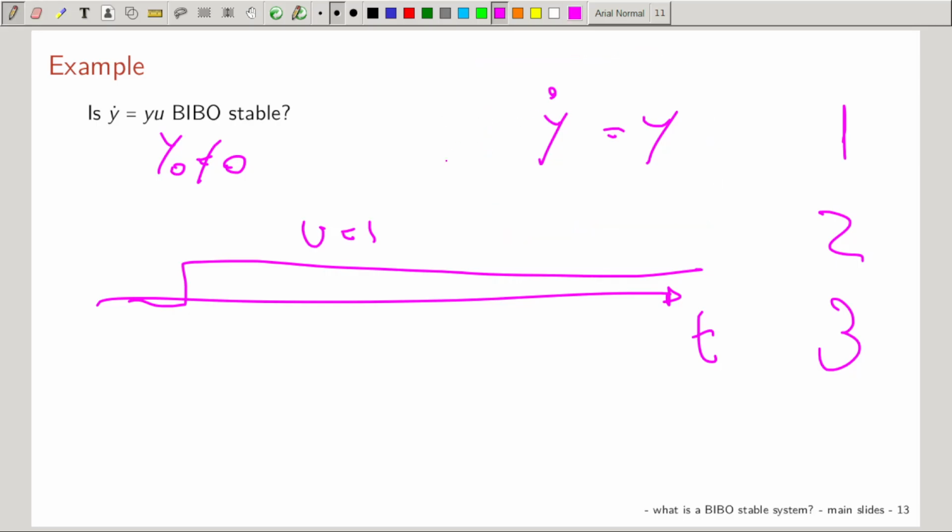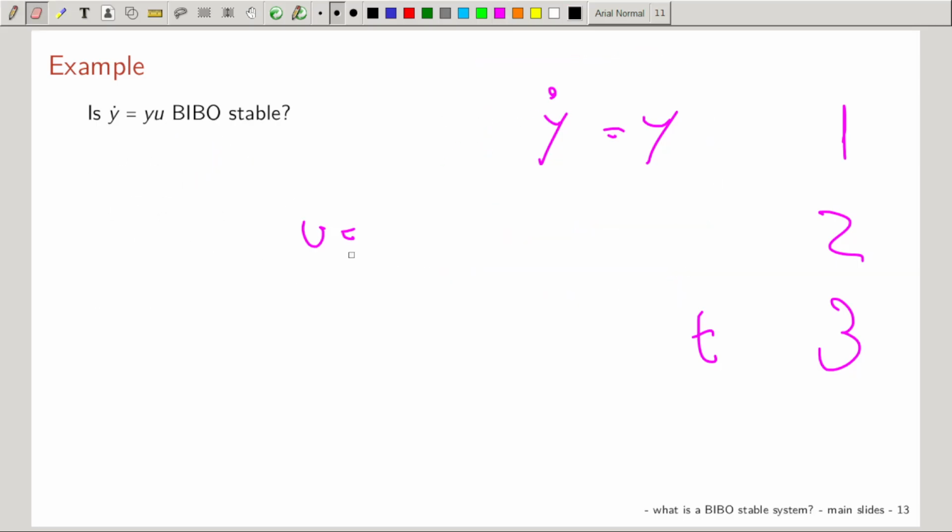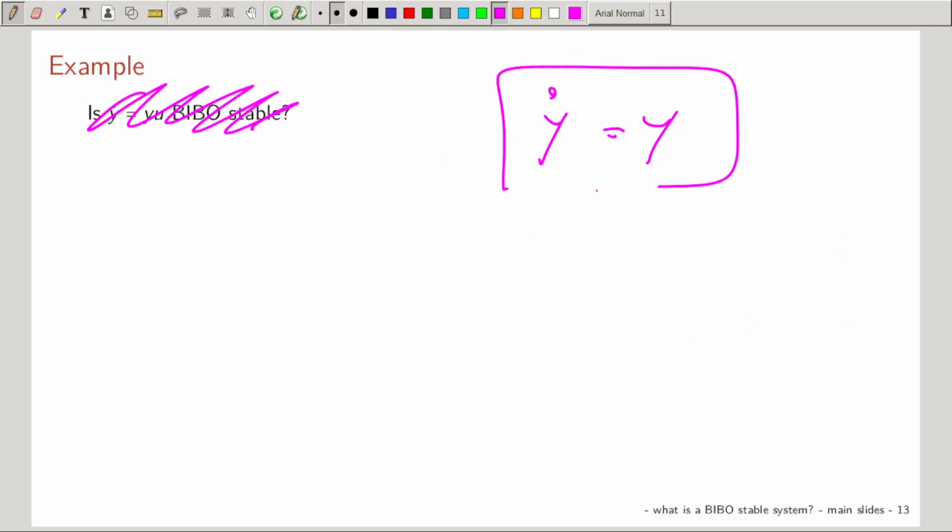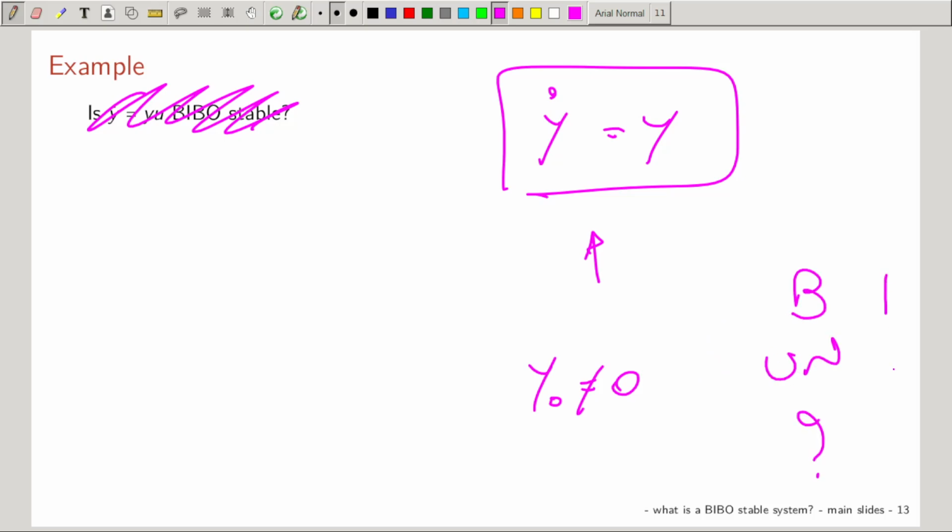Ignore everything else, ignore this stuff here. The trajectories of a system like this one, whenever y0 is different from 0, are the trajectories of this system here bounded or unbounded? Unbounded, true? Are we together that they are unbounded? Perfect.